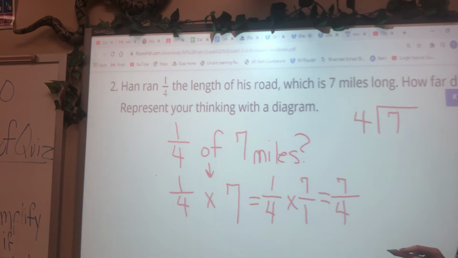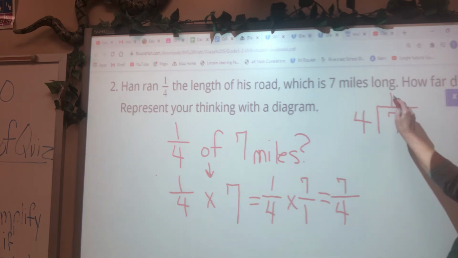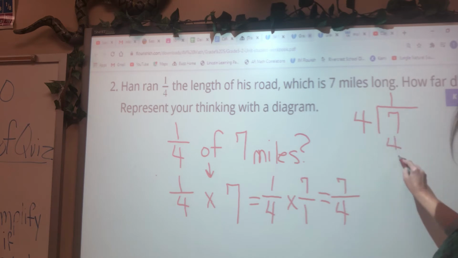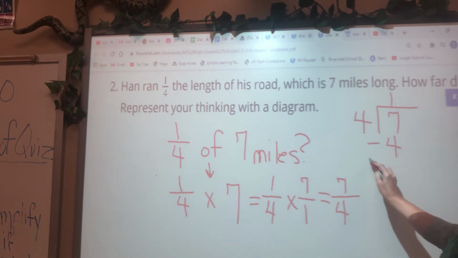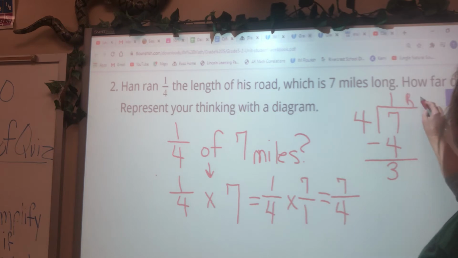So we have 7 divided by 4. 4 goes into 7 one time. 1 times 4 is 4. Then we subtract. 7 minus 4 is 3. We don't have anything else to bring down, so we have a remainder of 3.